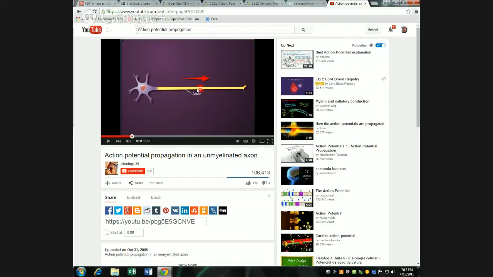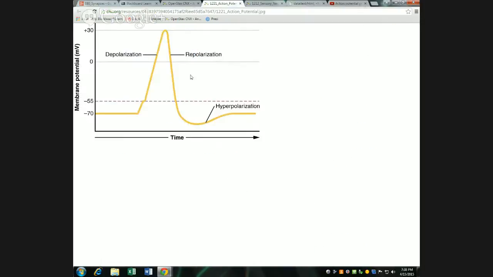Behind the action potential, so the area right here, closer to the cell body, its membrane potential is going to look like this part of the curve. At this point here, the action potential can't be restarted.